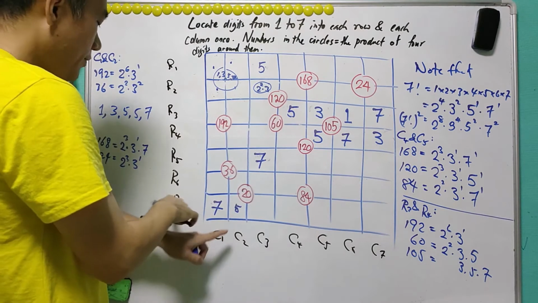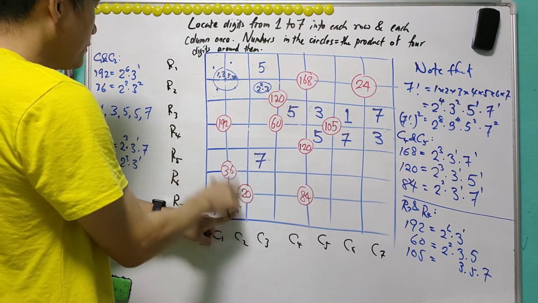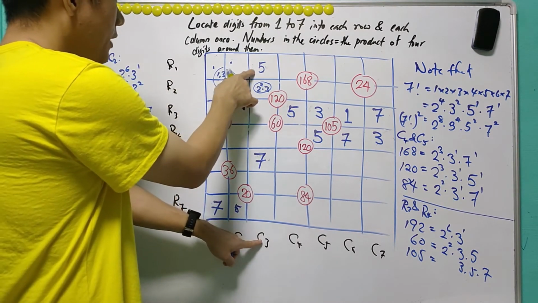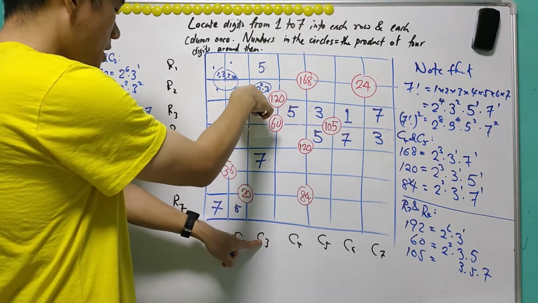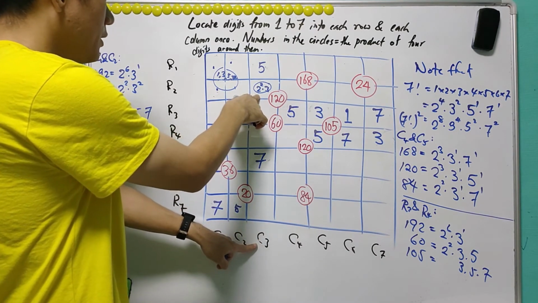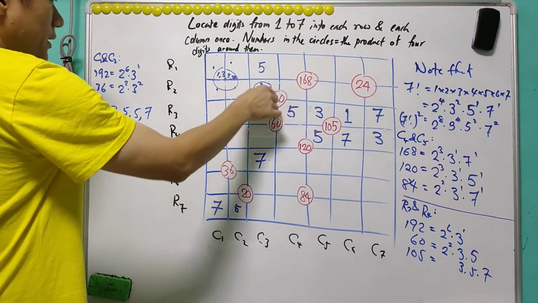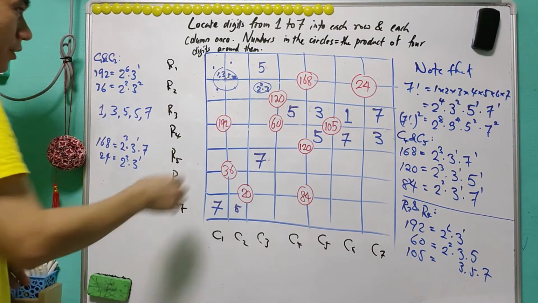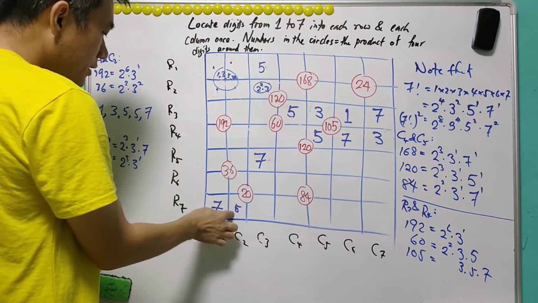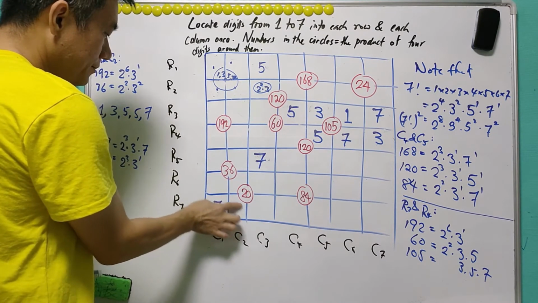So if R7C2 is a 5, then R1C3 will be a 5, and therefore R2C3 will be a 12. That will be a contradiction. We can't place a 12 in here. And therefore, it means that R7C2 cannot be a 5.